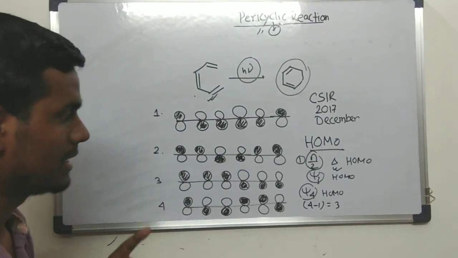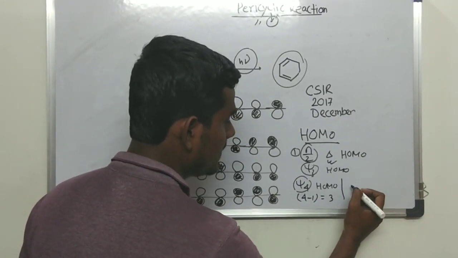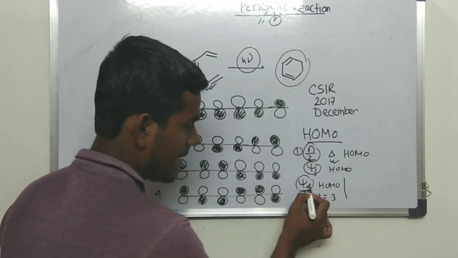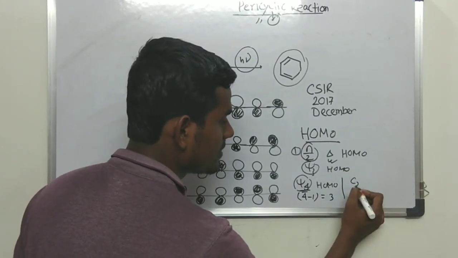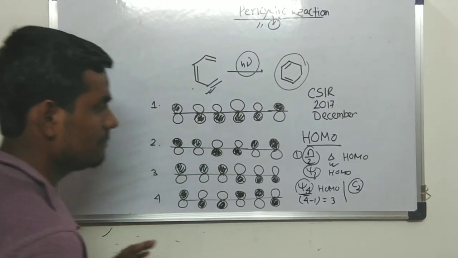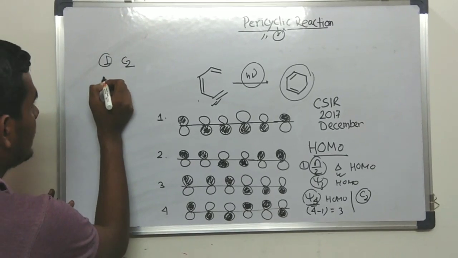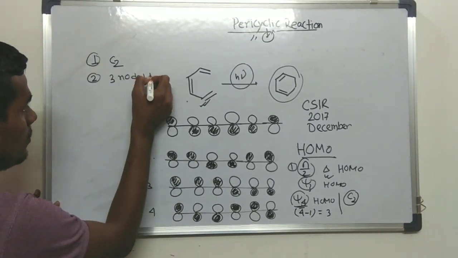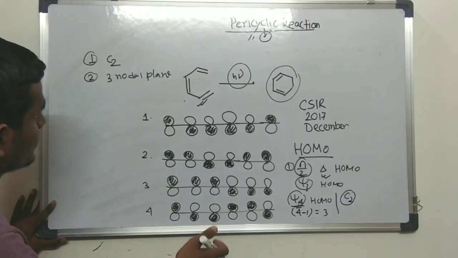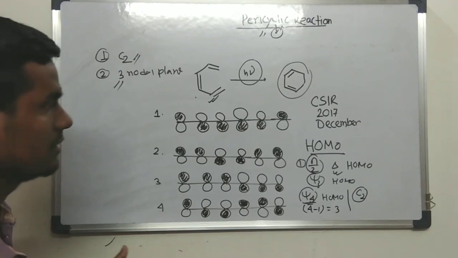That is the important part. What is the other important part? Since it is psi 4 and n is 4, an even number, it will have a C2 symmetry. So I am writing it here. You have to find where C2 symmetry is there, and again there are 3 nodal planes. So by just looking at the 4 options, you can find these and eliminate the other options. Let's see this.